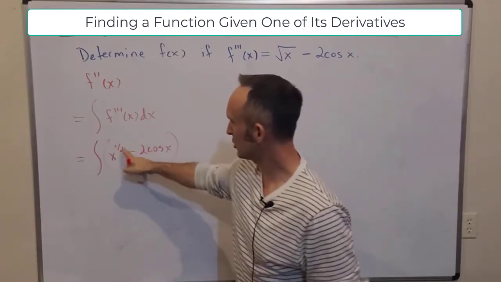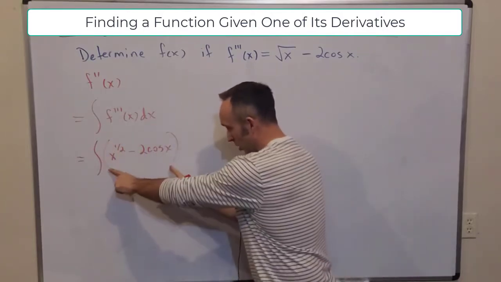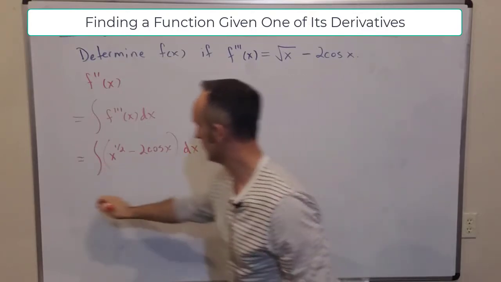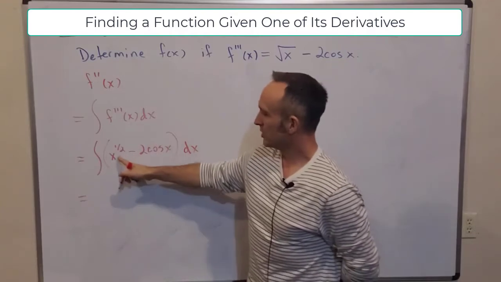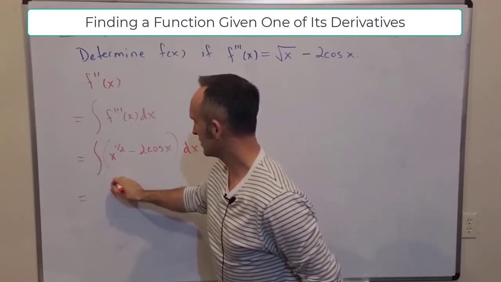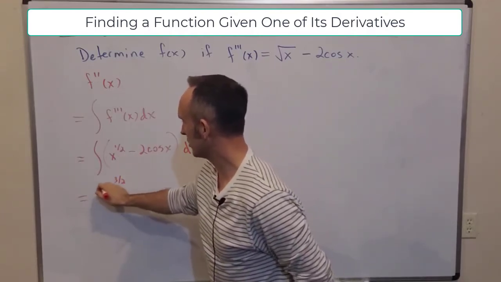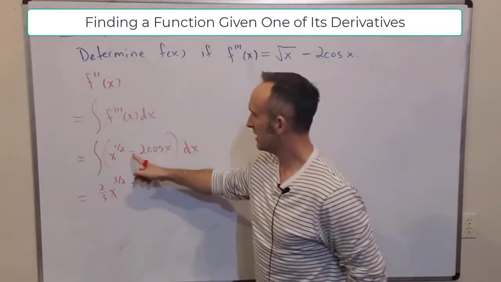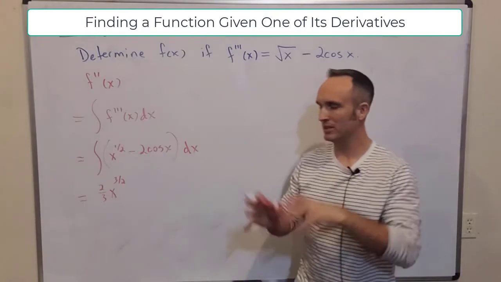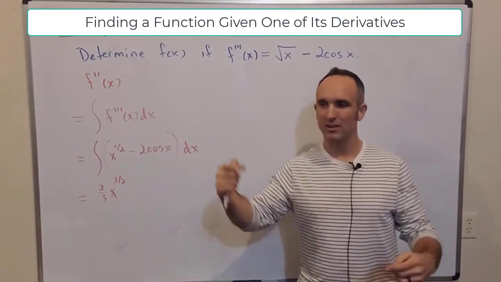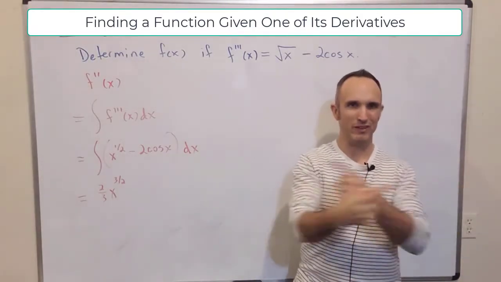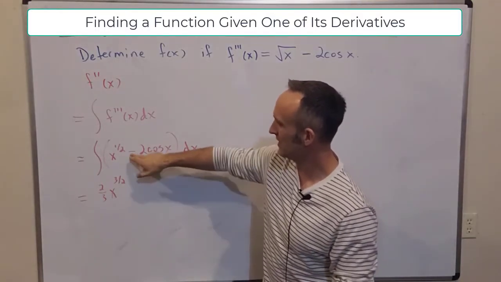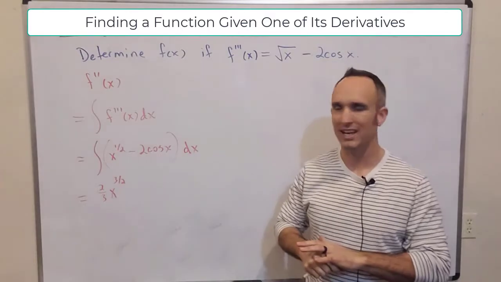And because it's subtraction, I have to put this argument to the antiderivative in parentheses. So now I increase my power by 1, giving me x to the 3/2, and I multiply the coefficient by the reciprocal, which is 2/3. Now I have to be careful here because these trig functions are tricky going from derivative to antiderivative. They reverse. So I'm trying to figure out what to differentiate to give me negative 2 cosine x.